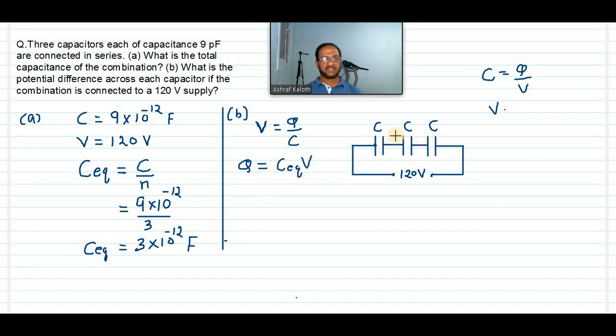If you replace these three capacitors by a single capacitor of 3 picofarad, how much charge will be stored in that? Q is equal to C equivalent, 3 into 10 raised to minus 12 farad, into the voltage applied across the resultant capacitor, 120 volt.